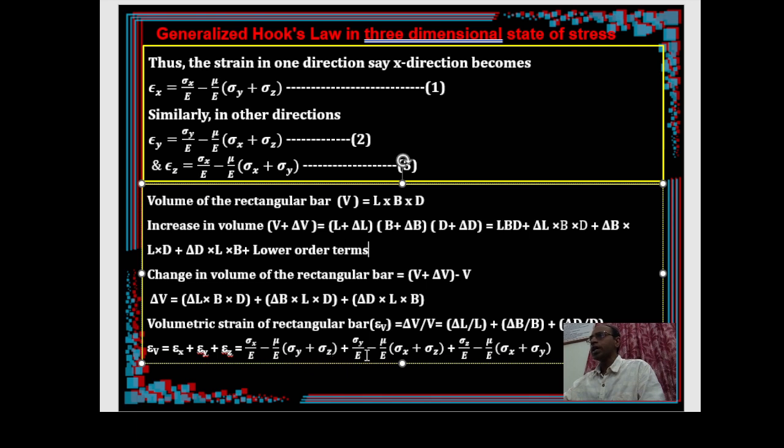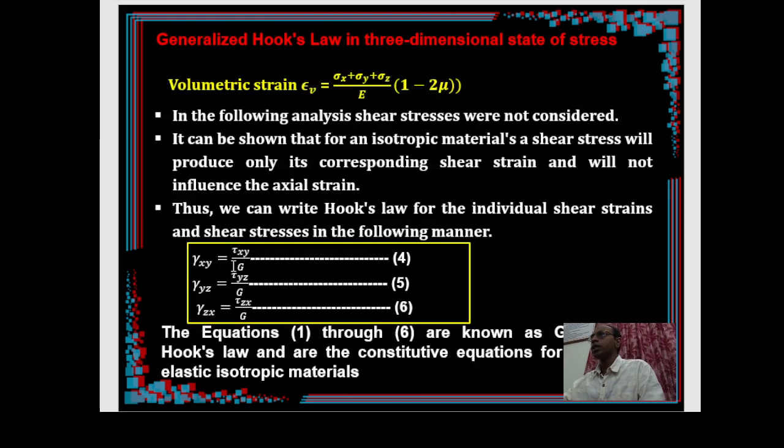So from the entire equation, if you take common, sigma x, sigma y, sigma z is present in both the terms. So your final equation turns out to be like this: epsilon x plus epsilon y plus epsilon z by E into 1 minus 2 mu. So this is your formulation for the volumetric strain. Epsilon v is equal to sigma x plus sigma y plus sigma z by E times 1 minus 2 mu.